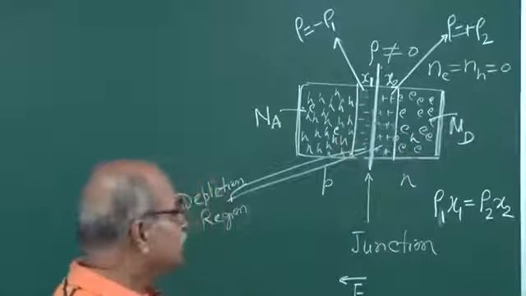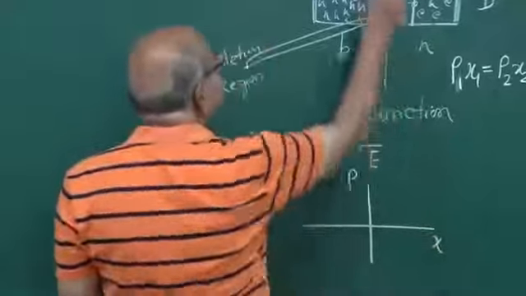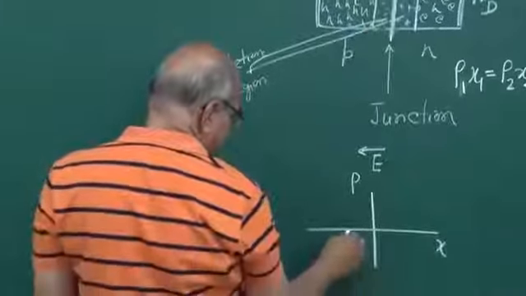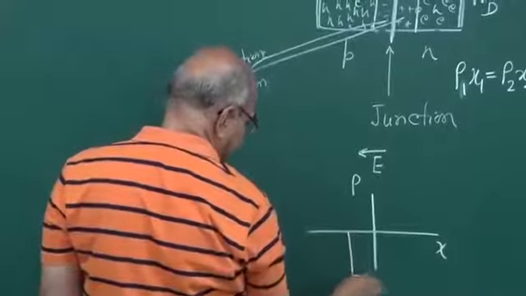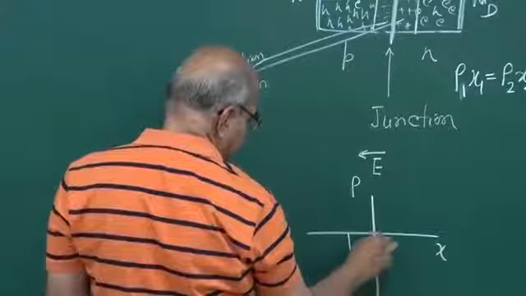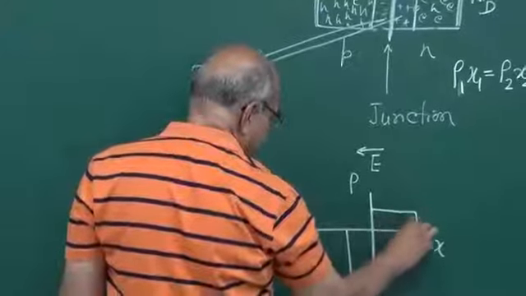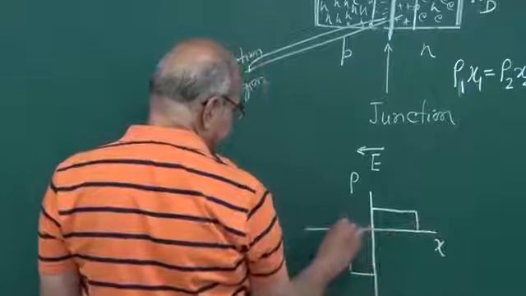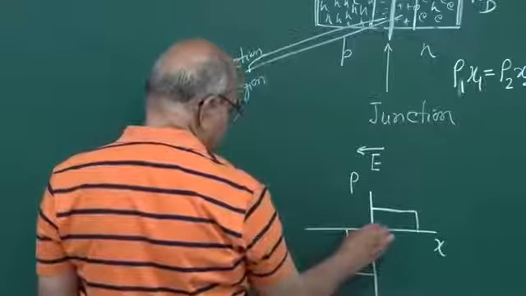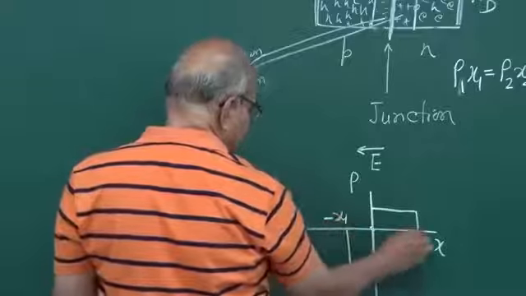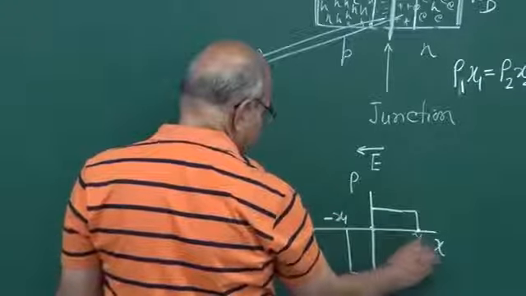If I plot rho here and x here, in this case you have negative charge, and in a smaller width I am showing, so it's like this, and this side is positive charge, and I am showing a larger width, so it's like this. If we call x equal to 0 here, this is x equal to minus x1, and this point is x equal to plus x2.